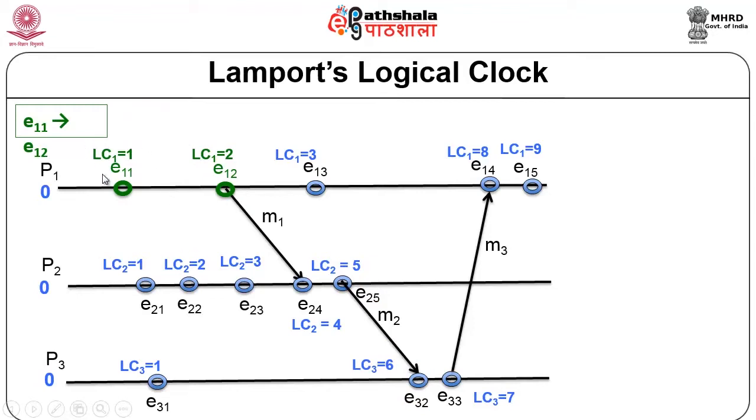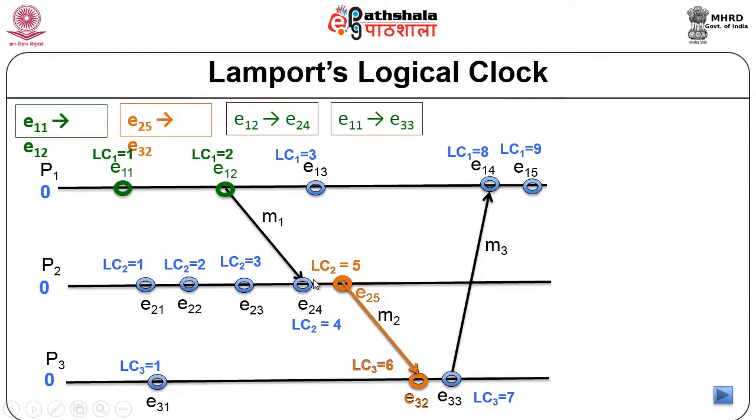We can clearly say that LC1 is less than LC2, and therefore, E11 happened before E12. Similarly, E25 and E32 have a happen before relationship, because this is a send and receive message. Similarly, E12 and E24 are happen before relationships, and E11 and E33, because happen before relationships are transitive in nature.